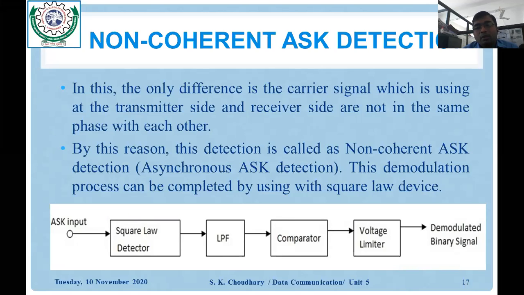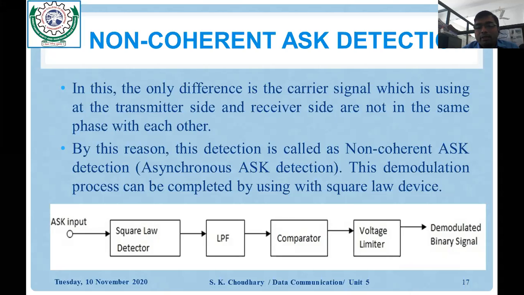Twice f naught is generated, and it is passed through the low pass filter, which is band limited, with a bandwidth equal to the bandwidth of the transmitted signal. It removes the DC components and other unwanted frequency components.